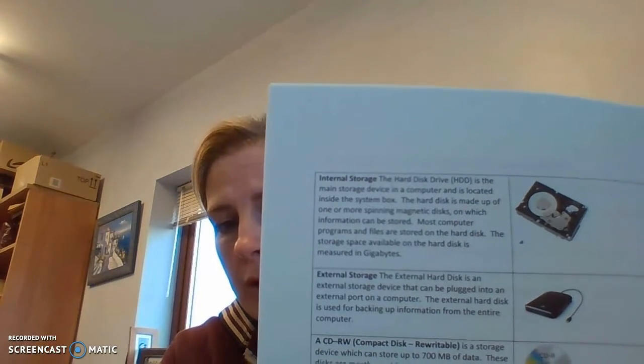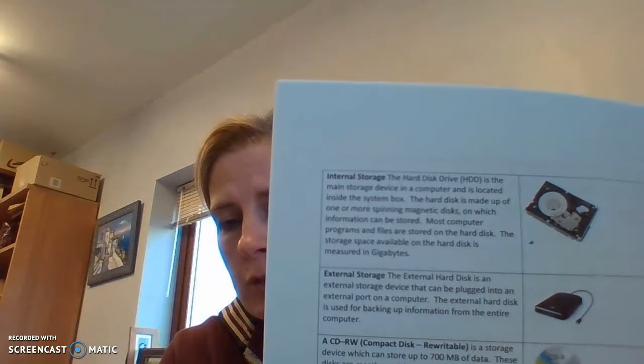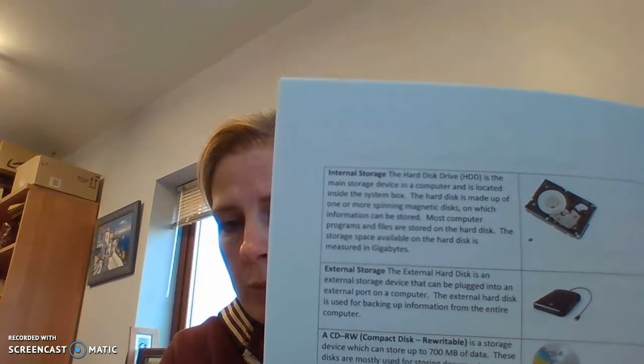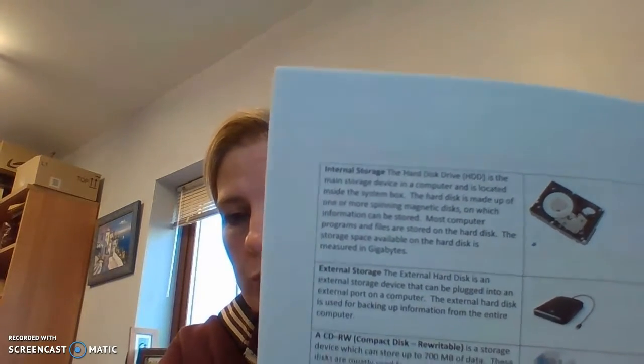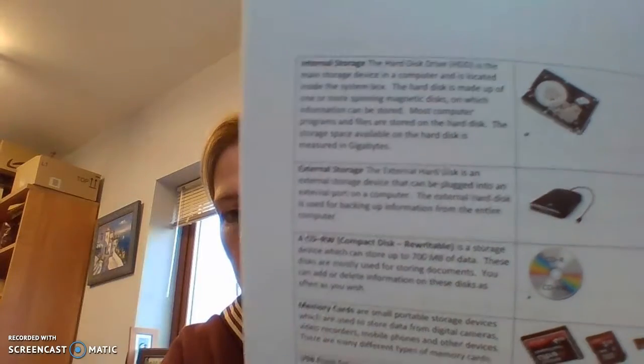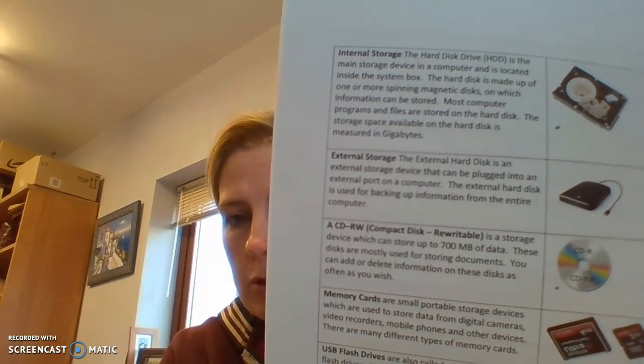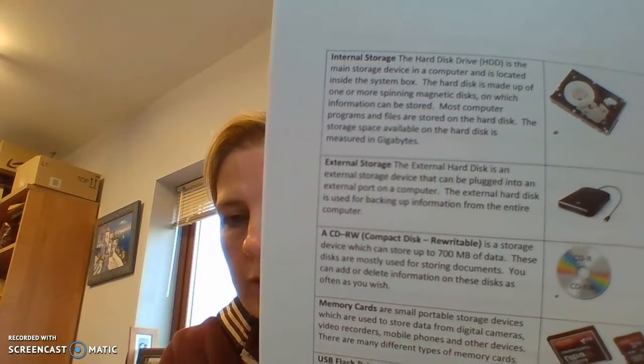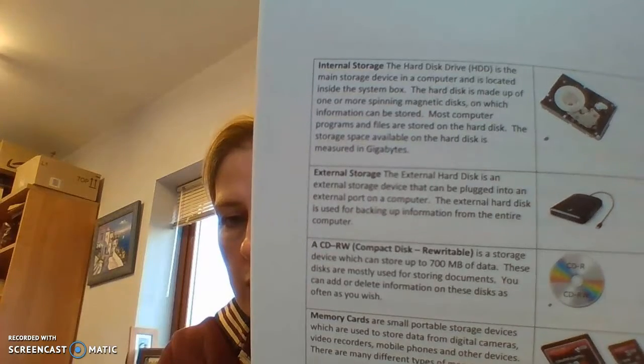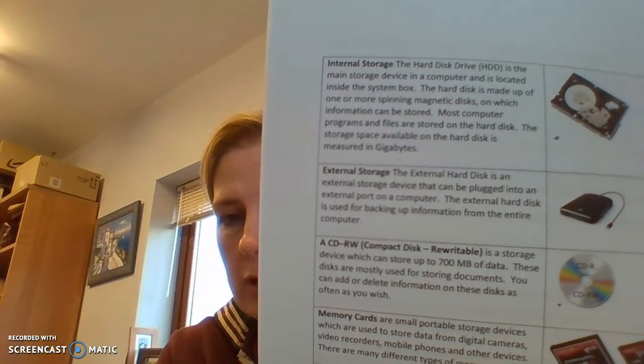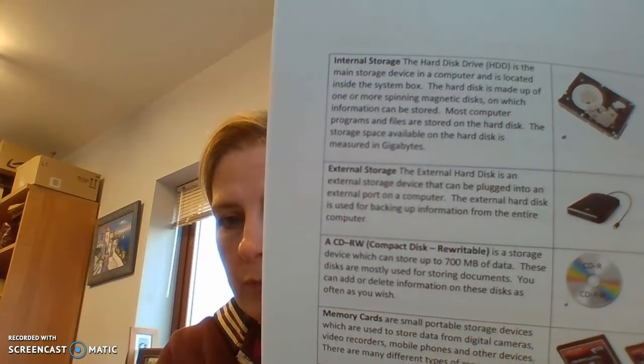The second option there is your external storage. So sometimes if you run out of space on your computer, you can go to your computer shop, whether it's PC World or whatever, and you can buy external storage. And you can save additional photographs, videos, documents, whatever it is, on that external storage option.